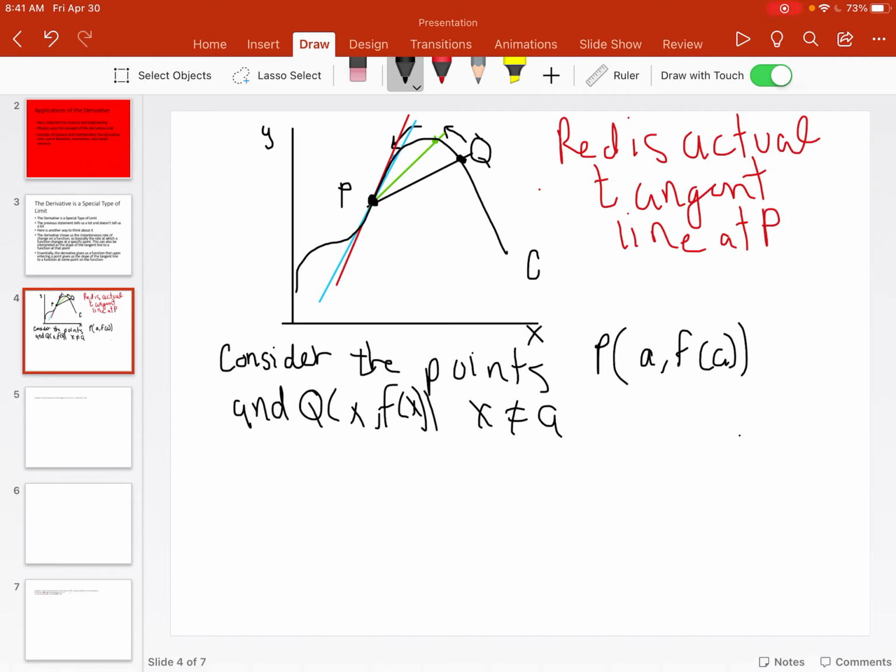Now, let's consider the secant line, the line from P to Q. If I were to draw a line straight from P to Q, and you can see it right here in black, consider that line. How do we find the slope of this line? Well, recall our slope formula from pre-calc: m is equal to the change in y over the change in x.